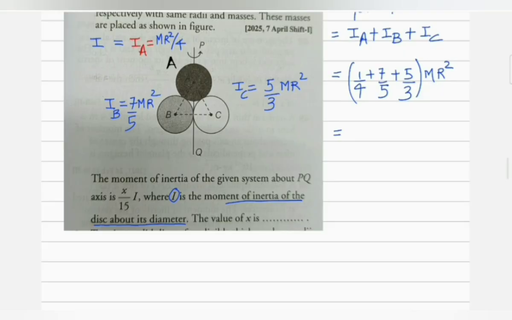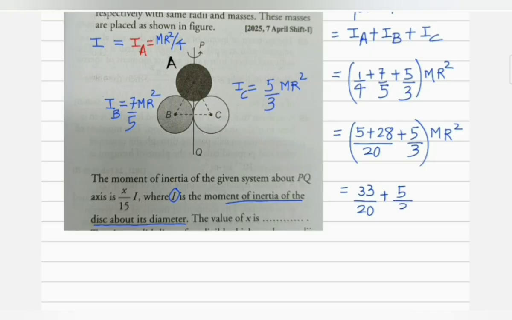So this will be like (5 plus 4 into 7 is 28) divided by 20 plus 5/3, the whole multiplied by mr square. Okay students, so this will look like 33/20 plus 5/3, the whole multiplied by mr square.